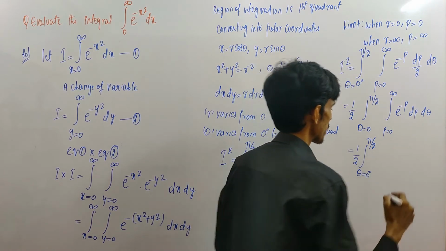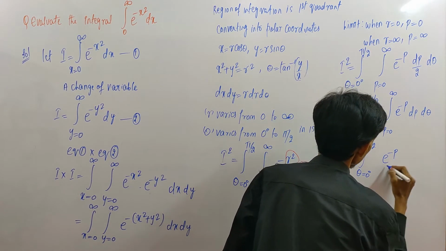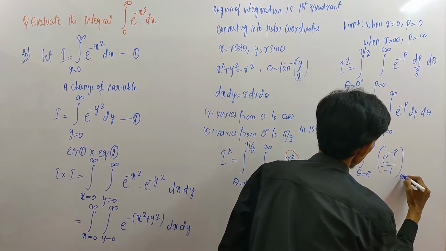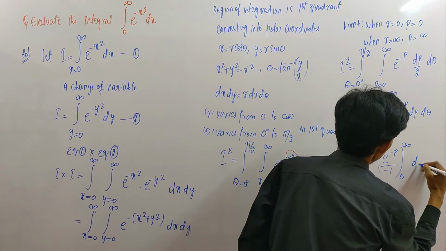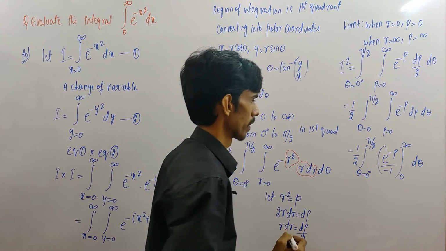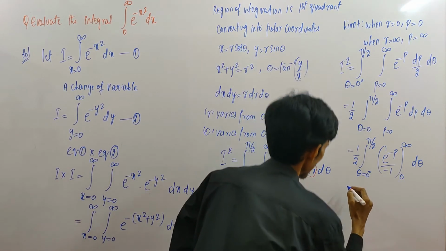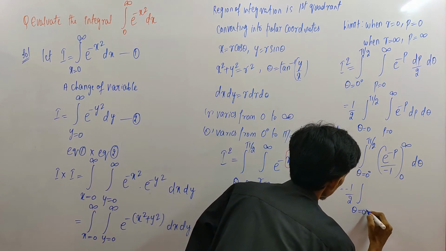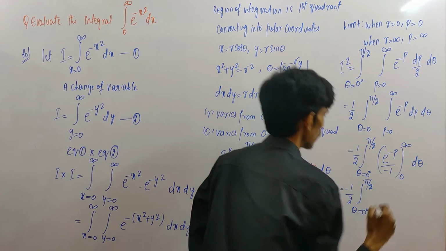Integration of e power of minus p gives e power of minus p upon minus 1, with limits for p from 0 to infinity, d theta. Now take this minus outside, we have minus 1 by 2 integral theta equal to 0 degree to pi by 2.